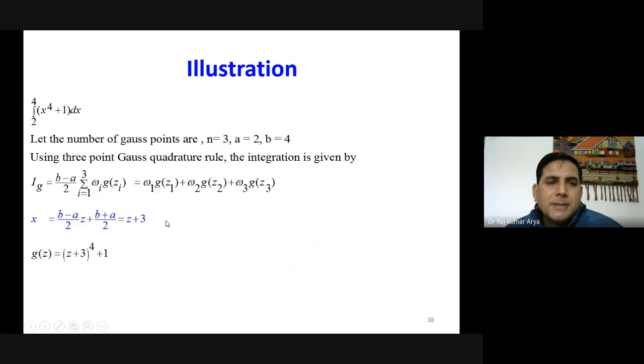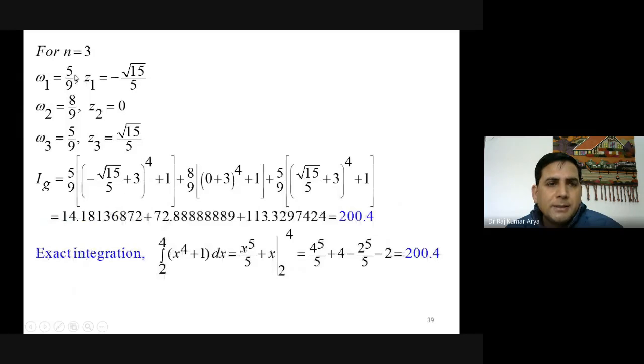So these are the Gauss points here. You have the tables for that. So if you want to calculate for 3 points, your weights are given: W1 is 5/9, Z1 is minus root 15 by 5, W2 is 8/9, Z2 is 0, W3 is 5/9, Z3 is root 15 by 5.